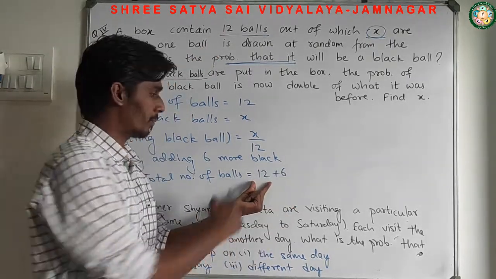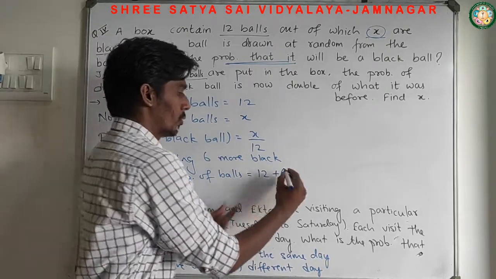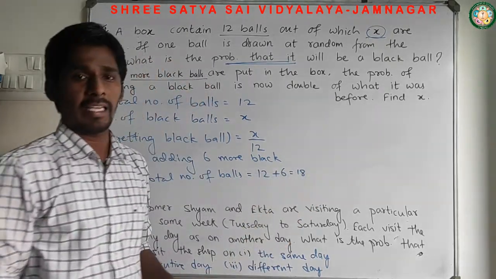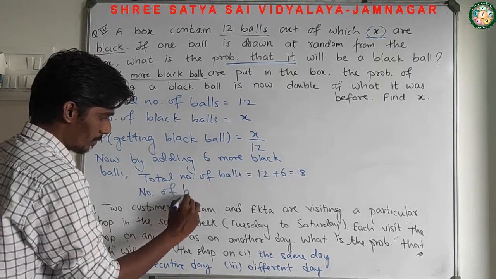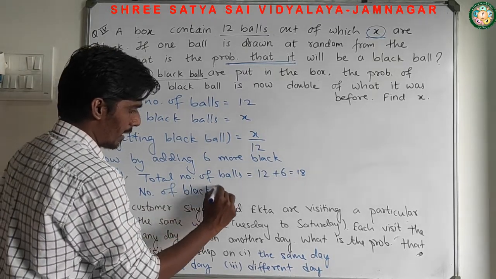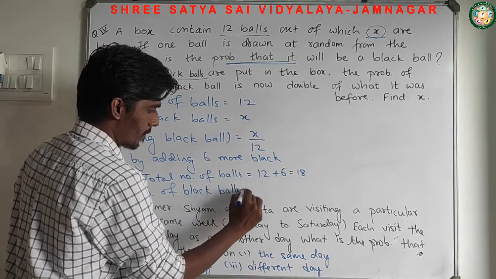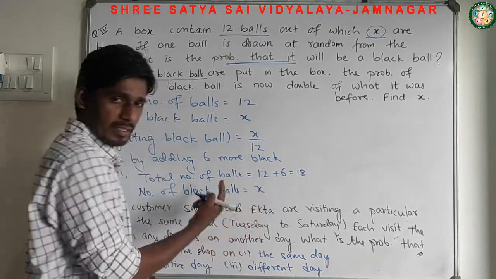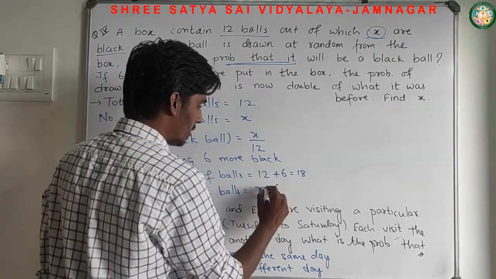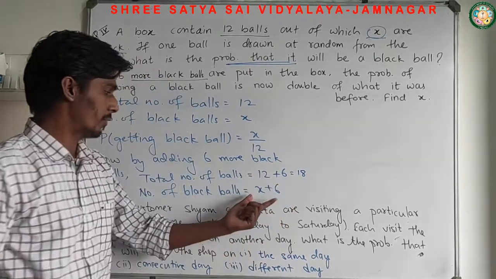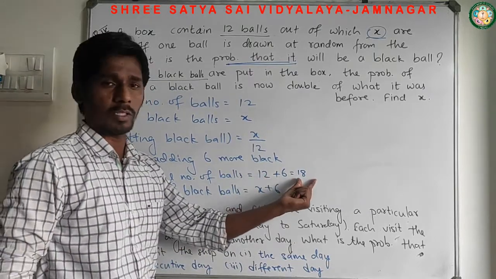Initially 12 balls were there, now 6 black balls are added, so the total will be 18. Now the number of black balls, initially it was X, now it's X plus 6, the new number of black balls. This is the new number of total outcomes, 18.